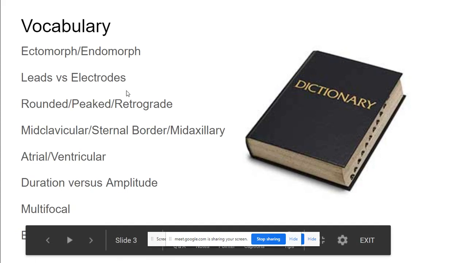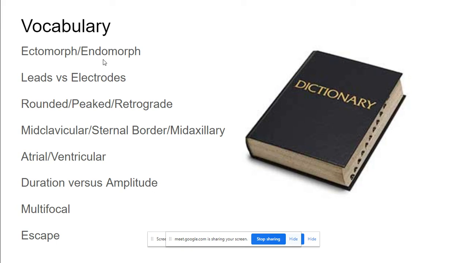All right, some of the vocabulary that I think we need to clarify. These first 2 here are ectomorph and endomorph, and that is just talking about body size. If you look in your textbook towards the back where it's talking about different lead placements, they have them set up a little differently depending on if someone is very, very thin or someone is larger.